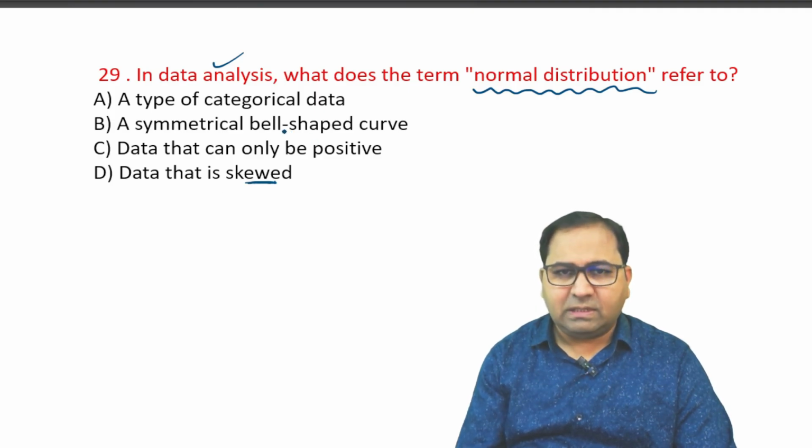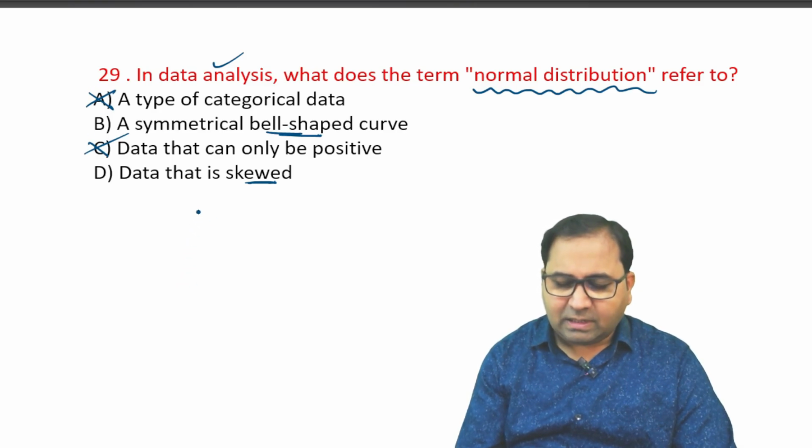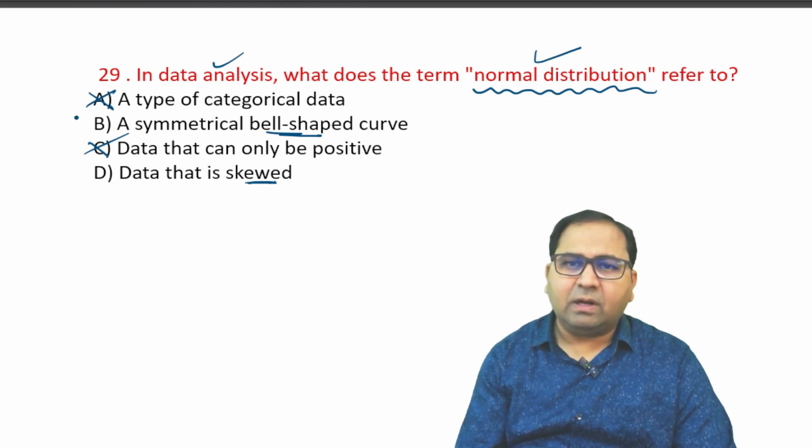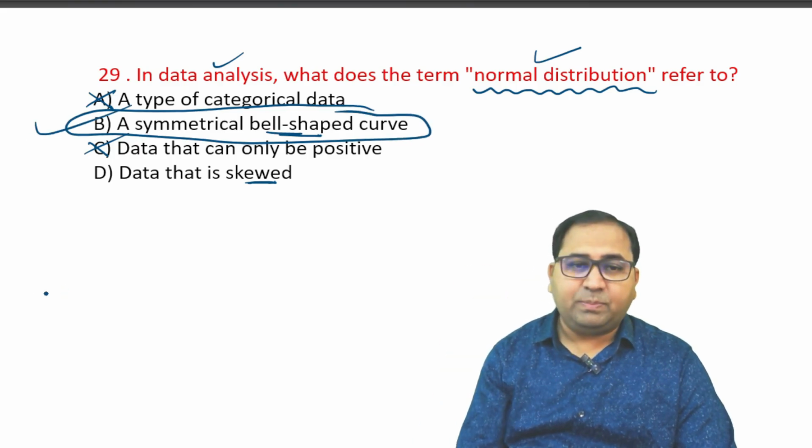Is it skewed or is it a bell-shaped curve? I have given you two options. I have deleted these two options very easily. So you should know the answer: a normal distribution curve is a symmetrical bell-shaped curve. This is the answer we have read during our MBBS days in the SPM.